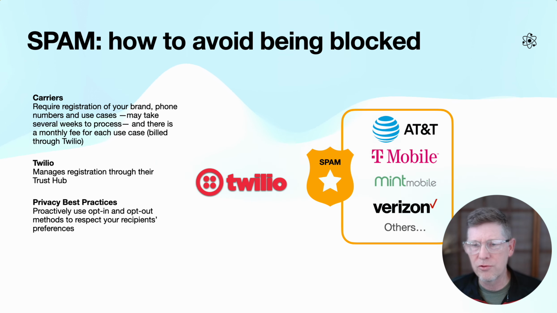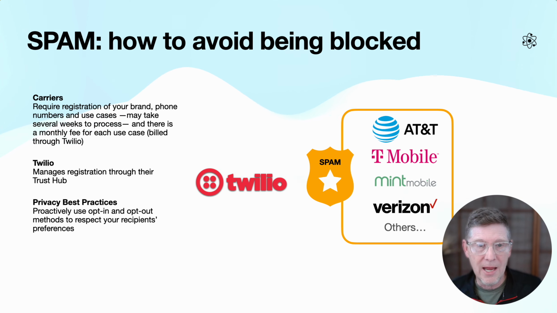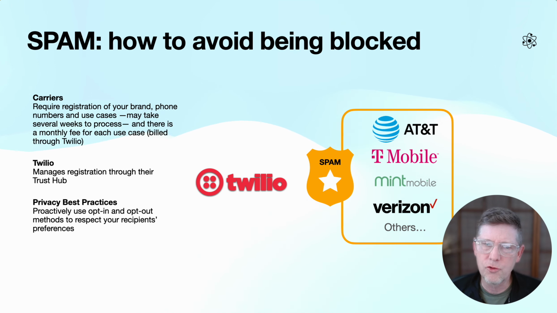So for example, a use case might be system notifications or account updates. Those can take a little while to process, and there is a monthly charge involved in registering those campaigns and keeping them registered with the carriers. It's a small fee, it's a few dollars a month. Luckily, Twilio manages all of this registration for us. Rather than having to go out to each of the carriers, we can go through Twilio's Trust Hub to get all of that registered.